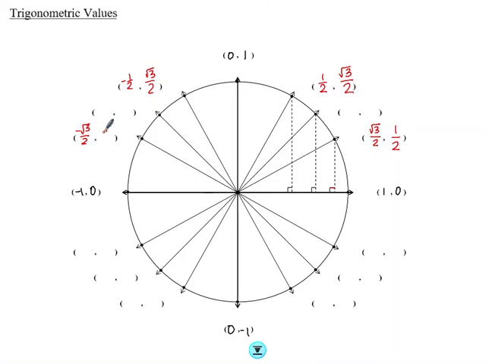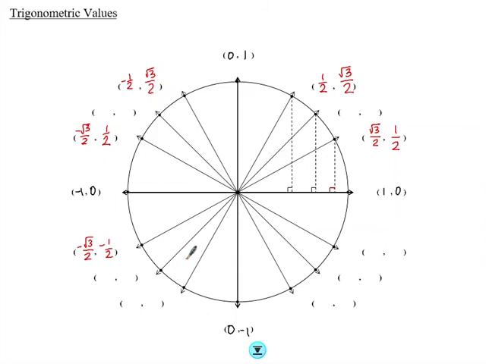The y value is the short leg, which is 1/2. Continuing around the unit circle, our next multiple of 30 degrees is this angle here. The x value is negative square root of 3 over 2 because it is the long leg. The y value is negative 1/2 because it is the short leg.